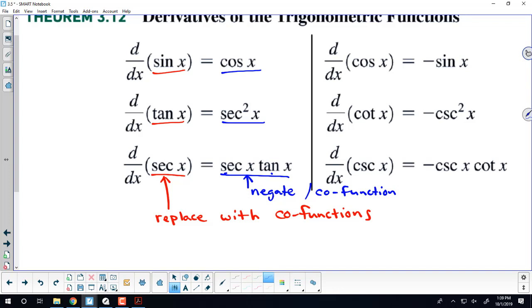But remember, the trig functions are really just based off sine and cosine. The other 4 trig functions are just combinations of sine and cosine. So if this were 1,000 years ago, and we were determining how to find derivatives of all of the trig functions, we only need to focus on sine and cosine.